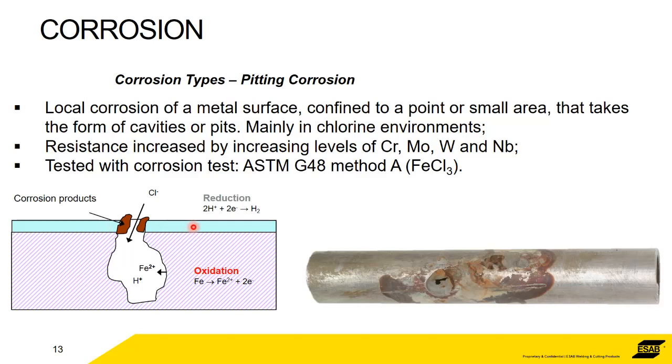It's a micron-thick layer, and it will keep corrosion out. If that gets damaged for any reason, particularly in a chlorine environment, it starts a reaction inside. There's no oxygen in there, so you get an oxidation, and it's like an iceberg. There's a little pit on the surface, but underneath, that's where all the damage is. It's quite a nasty type of corrosion because it's not measurable and not manageable.